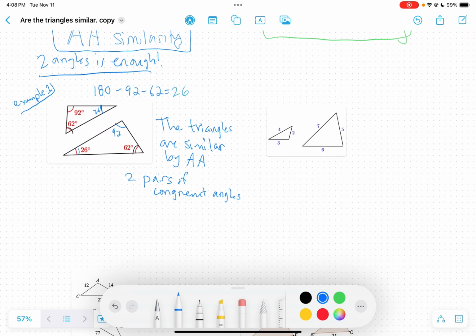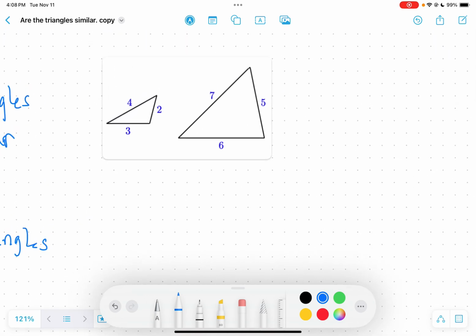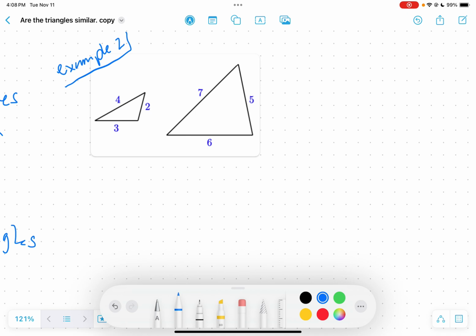So let's try another example. Take a minute and look at this one. They're giving me the sides, so I have to check the ratio of the sides. The smallest side over here is 2, and the smallest side over here is 5.